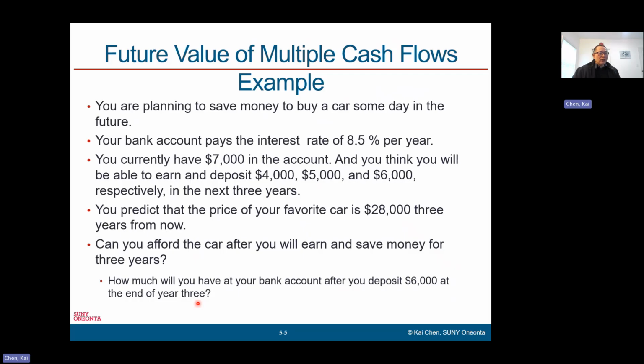At the end of year 3, you earn and save $6,000. After that, how much will you have in your bank account? So this question boils down to a future value problem. We want to find out the future value 3 years from now.